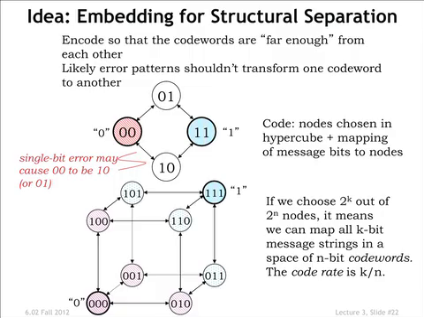Okay. So if I had only a single bit error, is it possible for me to correct? If I know that my errors are limited to single bit errors, can I correct when I receive an incorrect string? If I start with 0, 0, 0 and I have a single bit error, I can only go to these adjacent vertices, and those are not going to be confused with vertices that are one step adjacent to the 1, 1, 1.